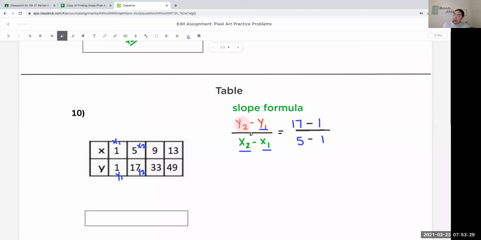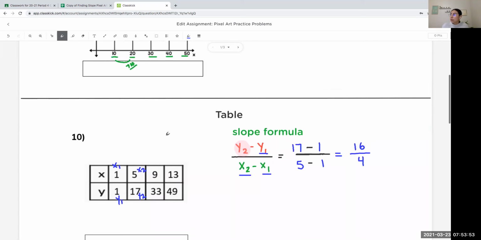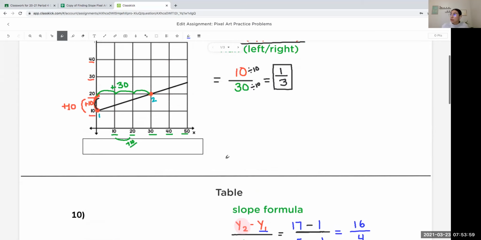So now you used your slope formula just to plug in those numbers, and we can actually work through the subtraction problems. So we have 17 minus 1. That would be 16 over 5 minus 1, which is 4. So in this case, we have another problem in our fraction where the number on top is bigger than the number on the bottom.